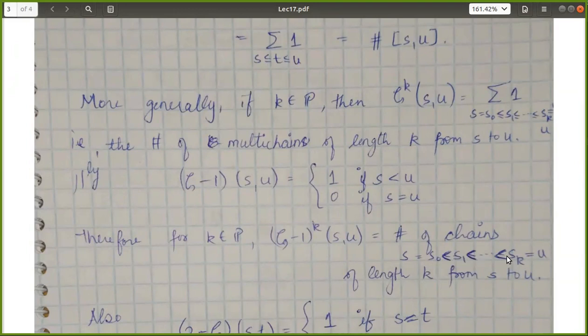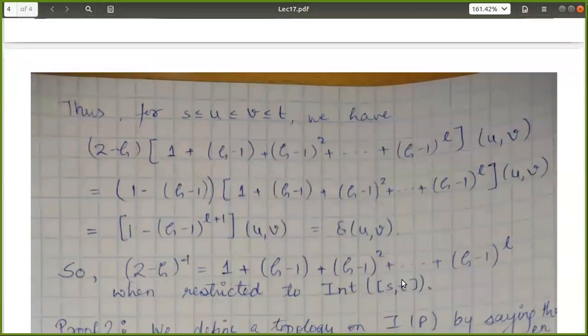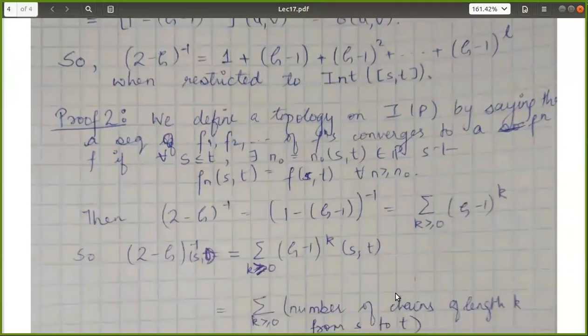So this was the combinatorial proof where we had to actually restrict ourselves to the int st, but there is a topological proof also, and let's see what it does.